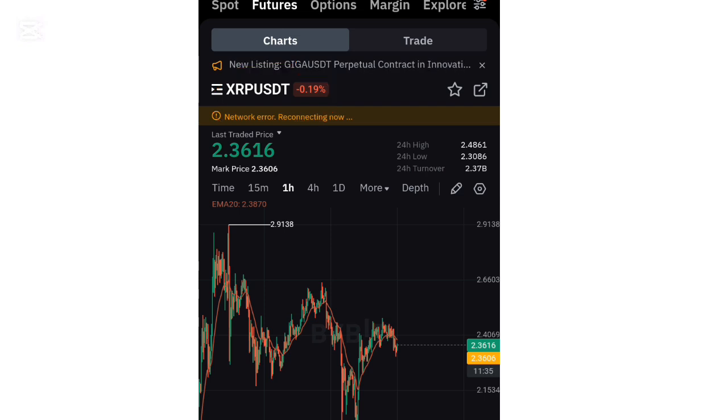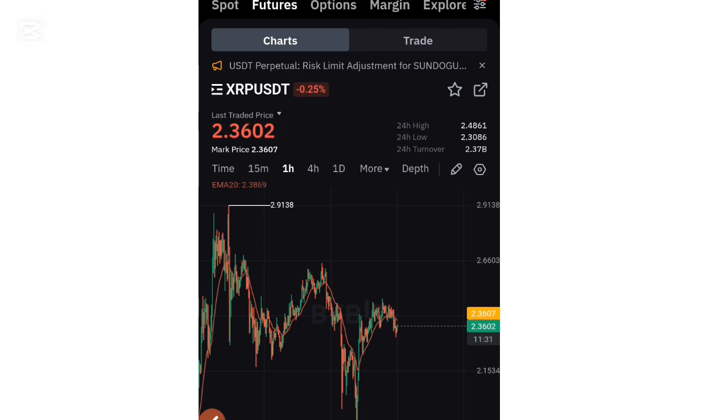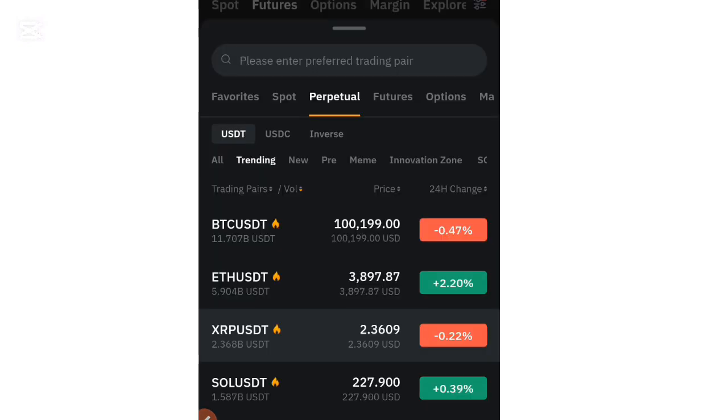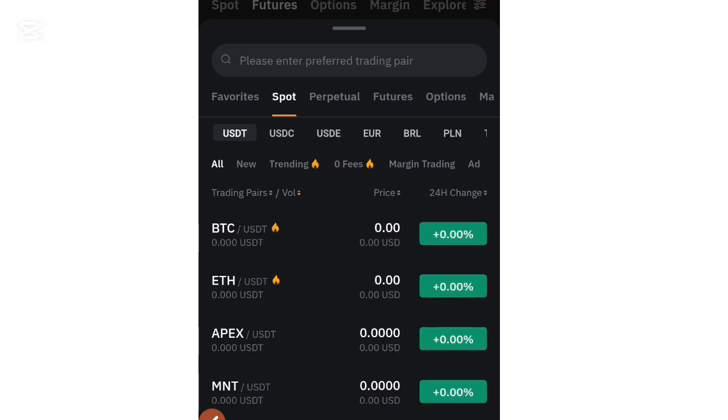So we can actually trade spot by clicking on this coin, and then we click on this spot here. You can see spot over here. Click on spot. When you click on spot, you can see all these coins now.